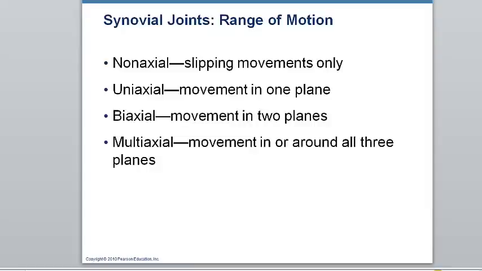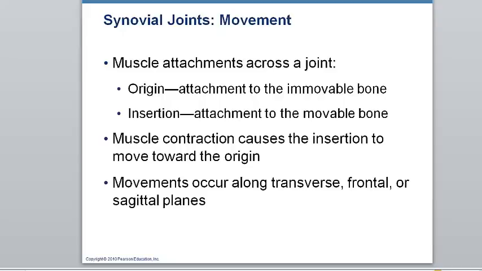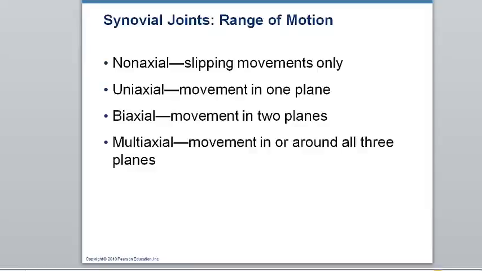What is slipping? The bones are just slipping against each other, and there is no movement in any plane. Whereas in uniaxial, there's movement along one direction, one plane only. In biaxial, you have movement in two planes, and in multiaxial, movement in all three planes. That'll be your transverse, your sagittal, and your frontal plane.